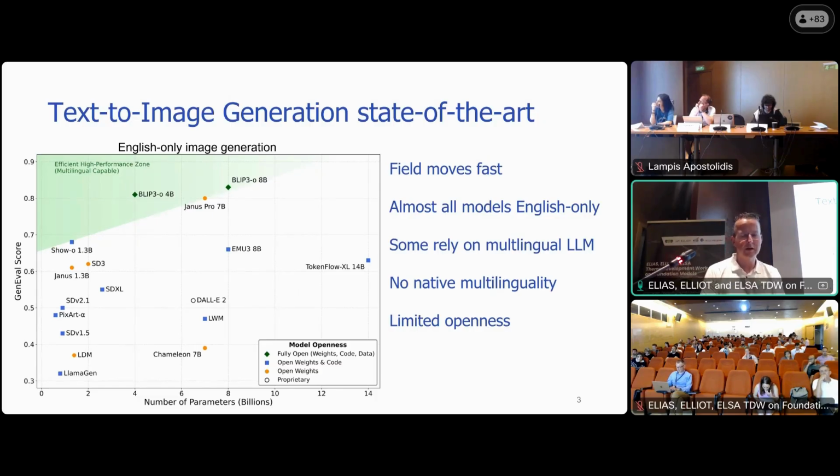They are separated. And also, again echoing Genia, there is very limited openness among approaches in this area. Some people release weights, but very often code is not available and data is unavailable.